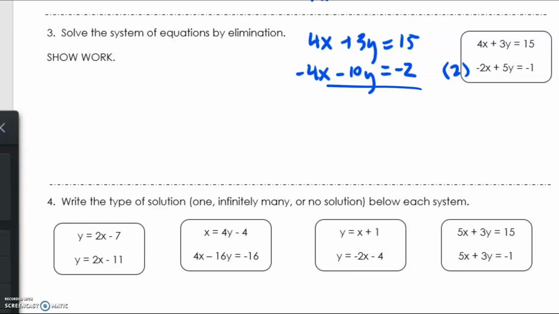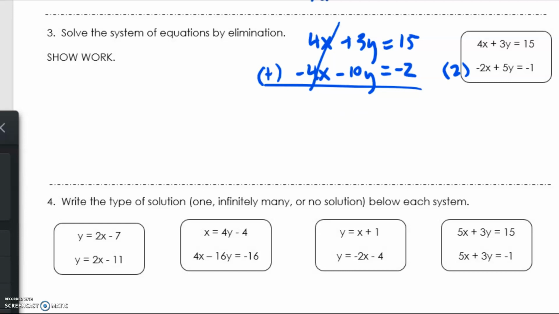Now I'm ready to add down. When I add down, my x's eliminate. Wait, timeout.